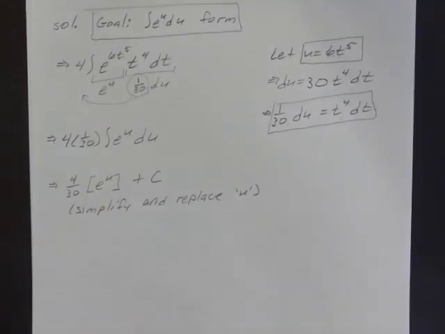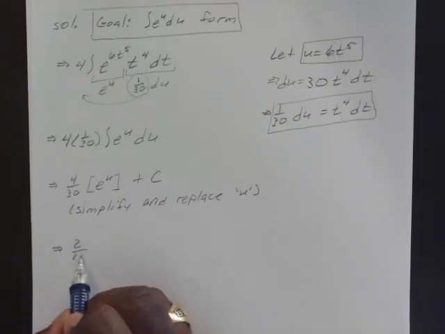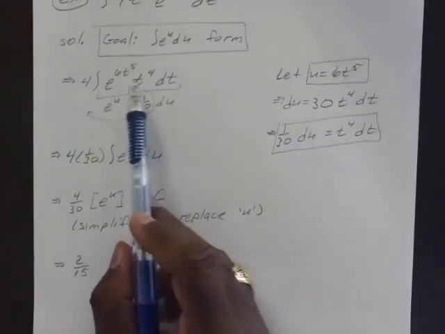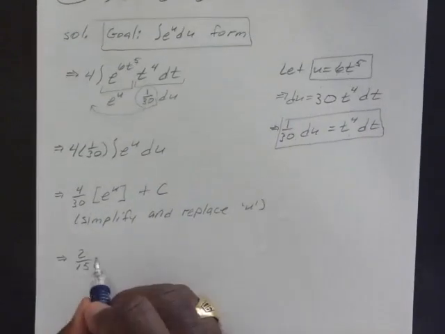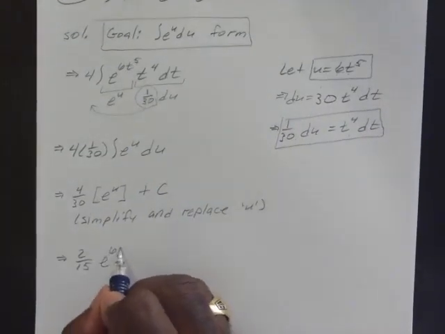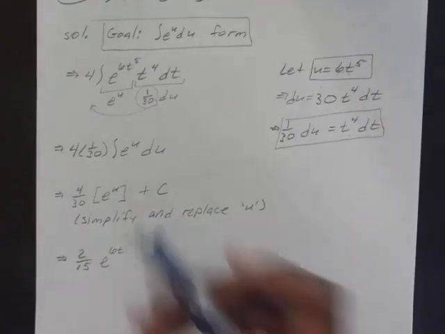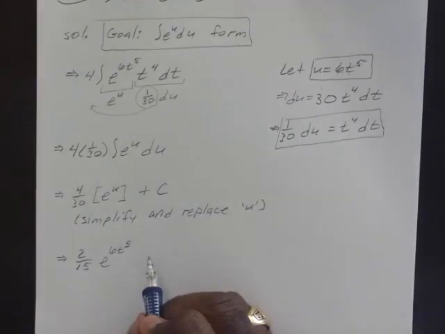So that 4 over 30, we can simplify that to 2/15. And that e to the power of u will just become e to the power of 6t to the 5th power. Plus c.